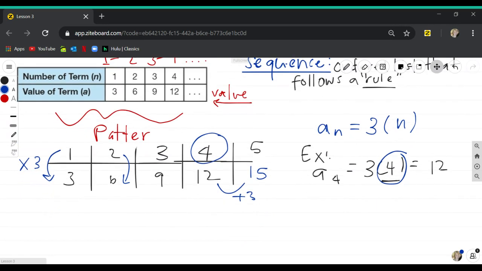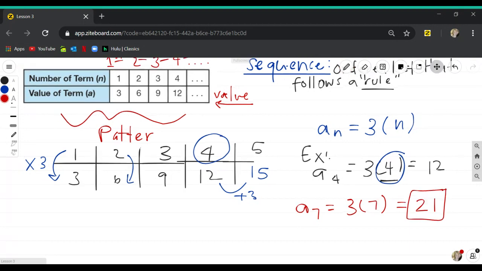So if we have the term a_7, if I want to find the term a_7, it's going to be 3 times 7, which is 21, right?